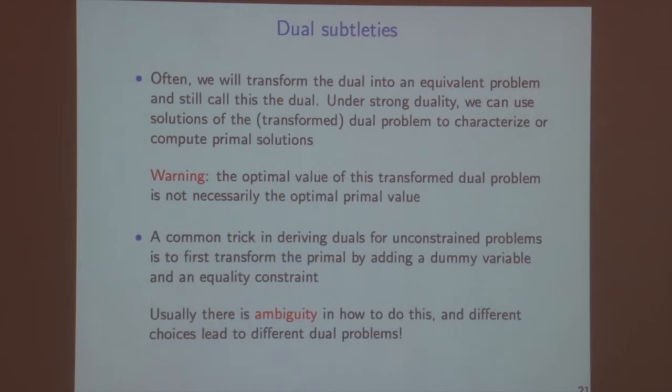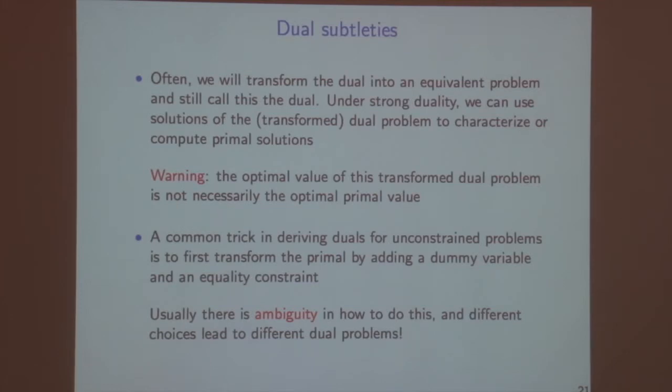Right? It's really the original dual problem's criterion. It doesn't hurt you in terms of solving it, but just don't incorrectly calculate the duality gap based on a transformed dual problem.